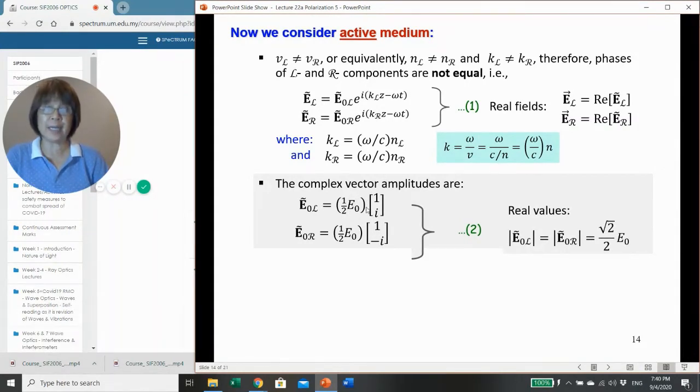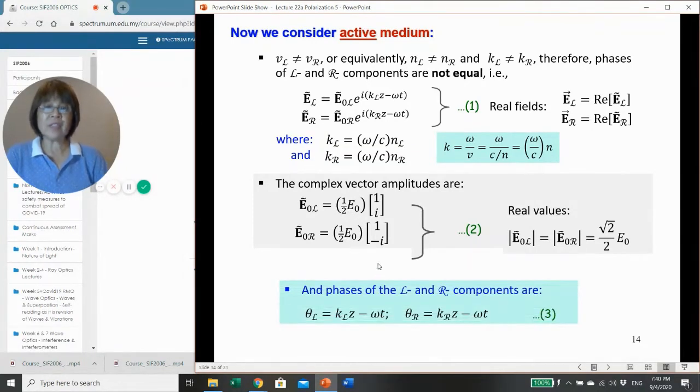If the E field is E0, it has been divided into equal amounts, so we write half E0 and half E0. The phases of the left and right components are given by theta L equals KL Z minus omega T, and theta R equals KR Z minus omega T.